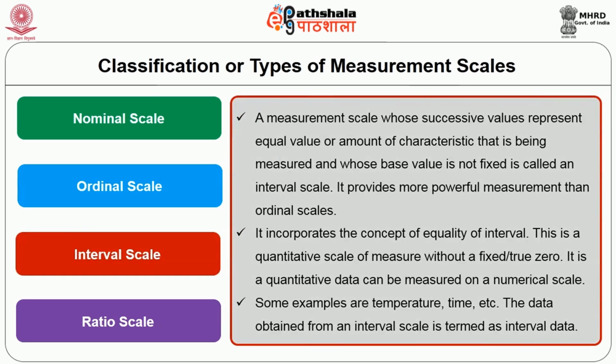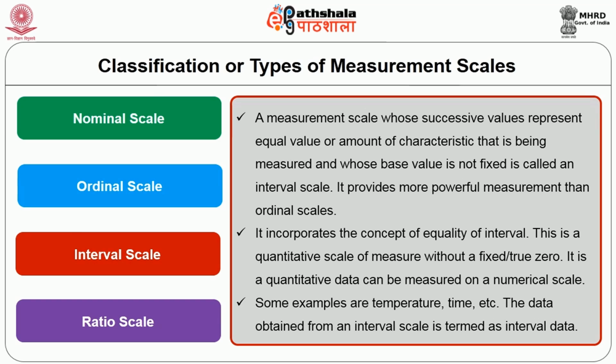Interval scale: a measurement scale whose successive values represent equal value or amount of the characteristic being measured, and whose base value is not fixed, is called an interval scale. It provides more powerful measurement than ordinal scales. It also incorporates the concept of equality of interval.